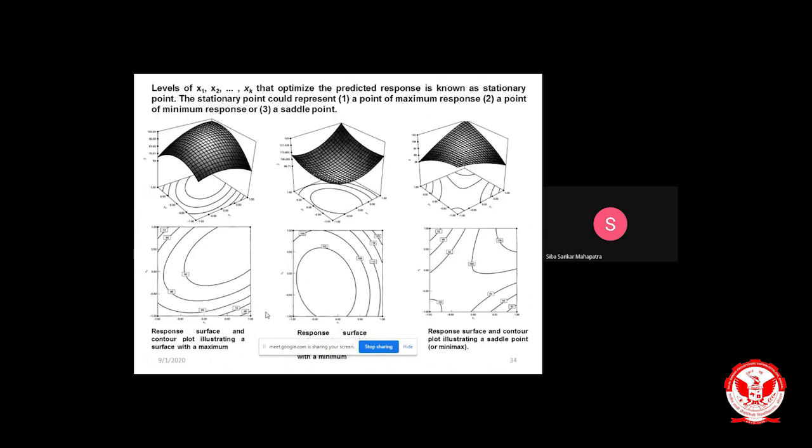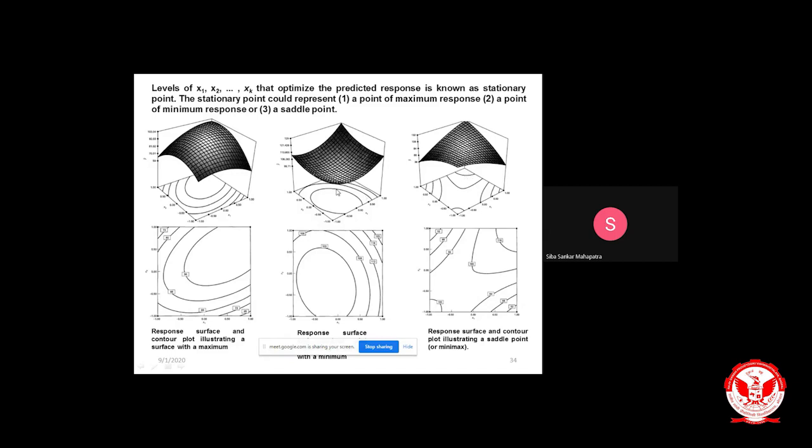To find out the best parametric condition, from the response surface, we can have a similar type for the maximization condition, or we can have this type of response surface for the minimization condition, or you can have this type, which can give a saddle point.